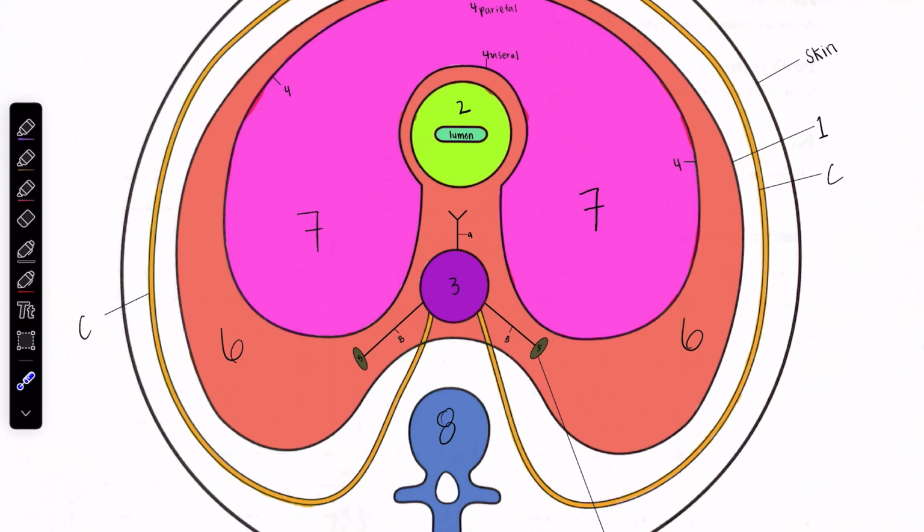So back to the numbers. 3 is going to be aorta. 4, we have this peritoneum, is what it's called, and it's going to be the parietal peritoneum.